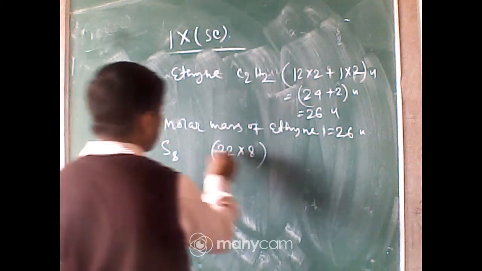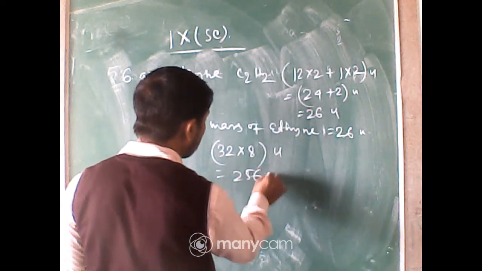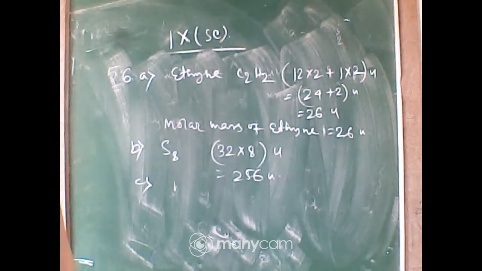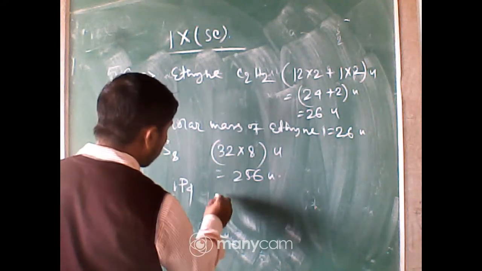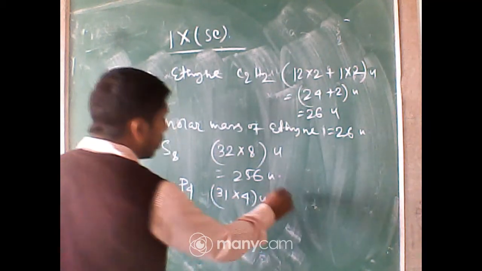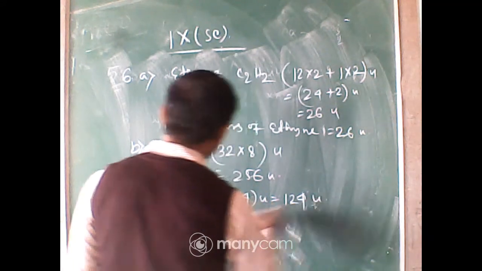This is for sulfur, 256 U. Number C is phosphorus molecule, P4, and atomic mass of phosphorus is also given. It becomes more simple, 31 into 4 U equal to 124 U.